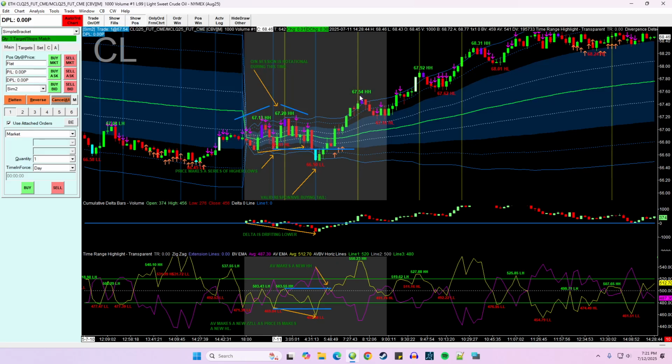We get up above +2 standard deviations from VWAP. And at this point, this is what's super important. We make our first imbalance pullback. We hold at DVA high, and that's where the open is for the RTH session, and then price takes off and continues upwards.